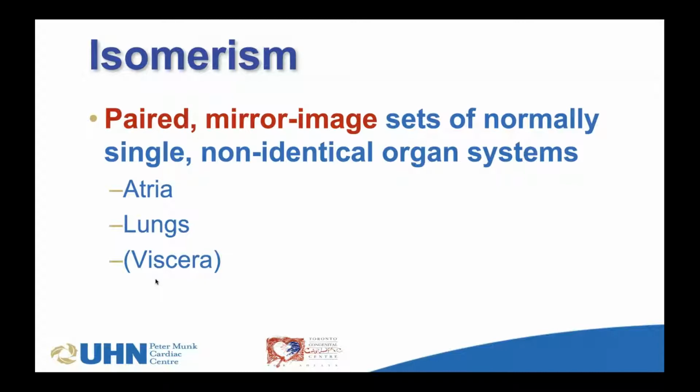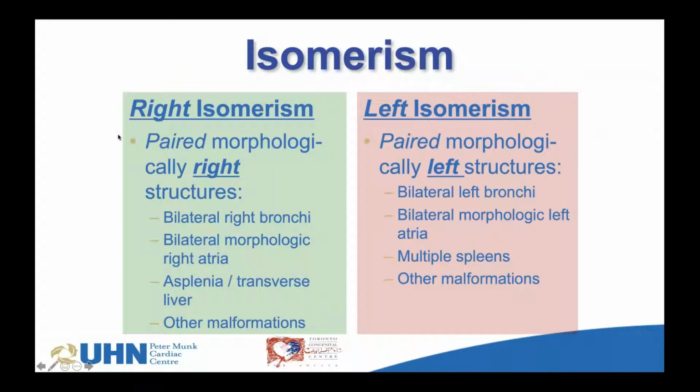But in the setting of isomerism, we also have these paired organs, but there's a mirror image set of normally single, non-identical organ systems, like the atria or the lungs. So in the setting of right isomerism, you have paired morphological right structures. You have two right lungs, you have two right atria.